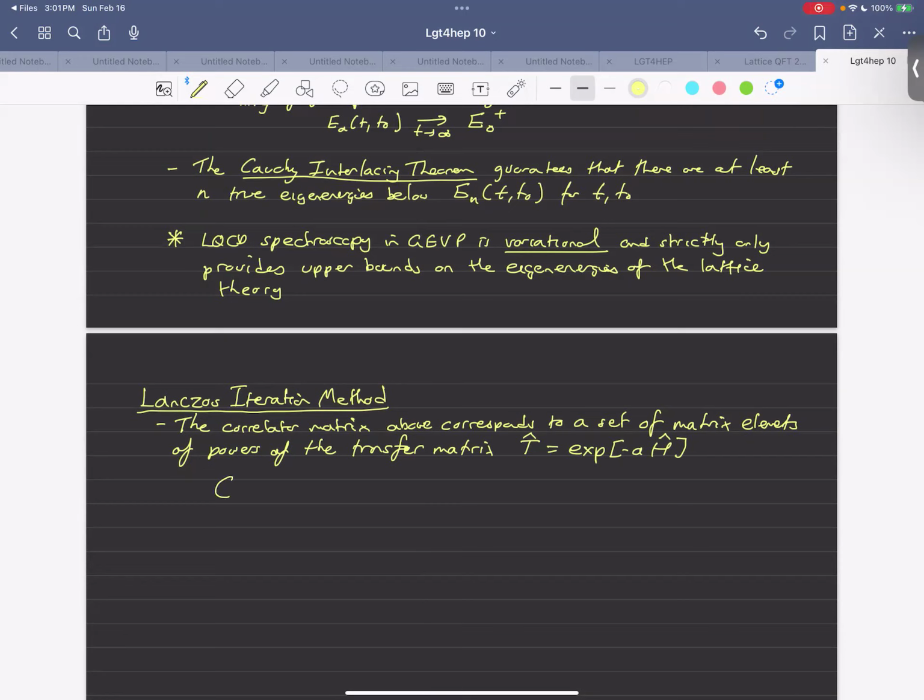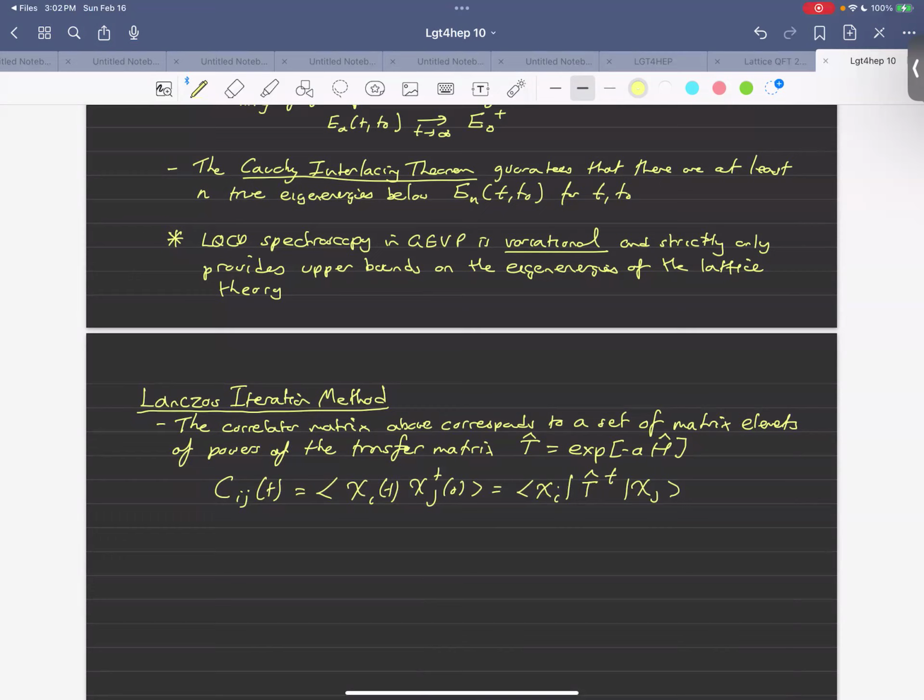And so C_ij of t, which is chi_i of t chi_j dagger of 0, you can write as the state chi_i, T hat to the t-th power, and then chi_j.